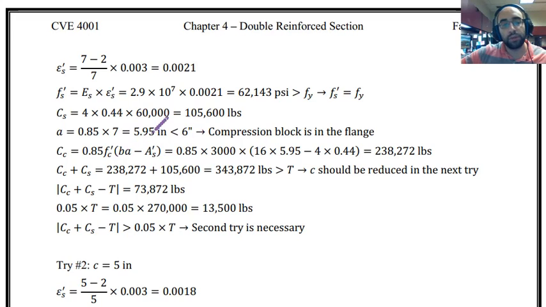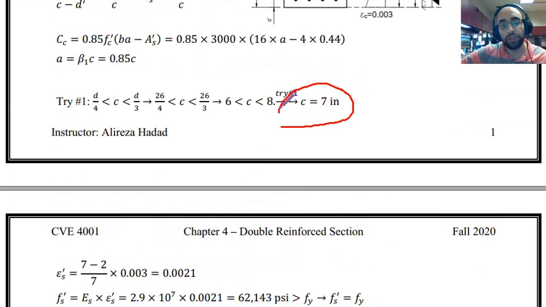Use the A that we calculated over here in the equation. A prime S was 4 number 6 bars, so 4 multiplied by area of each number 6 bar, and then calculating the compression force in concrete. Note that all of these values that we calculated so far were based on this initial guess, right?